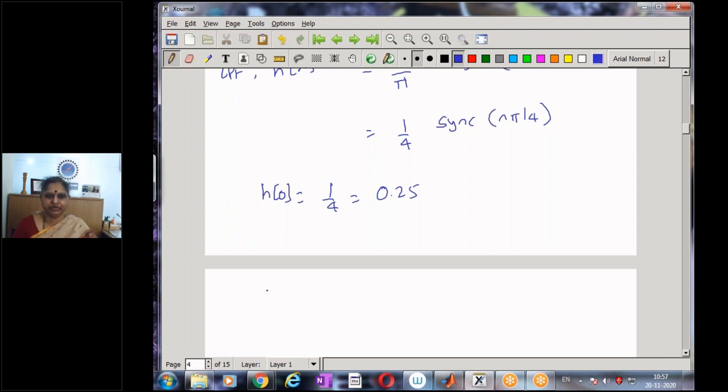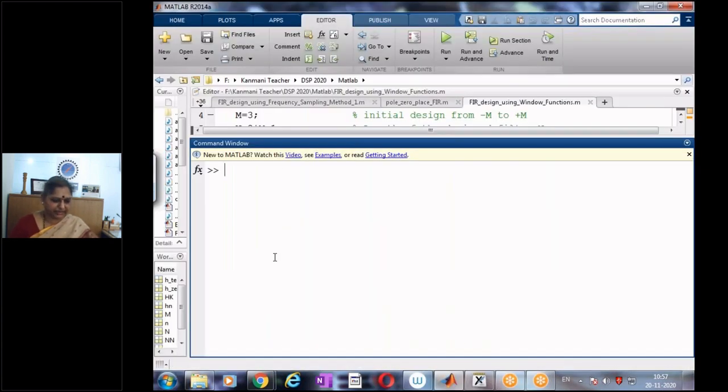And let me compute h of 1. What is h of 1? It is 1 by 4 sinc pi by 4. Let's evaluate it. For this, I'll take the help of MATLAB.